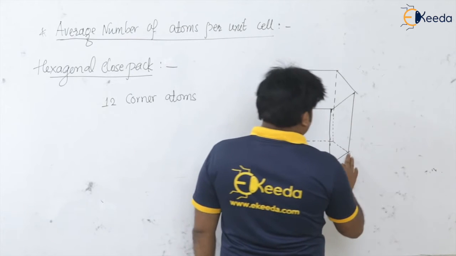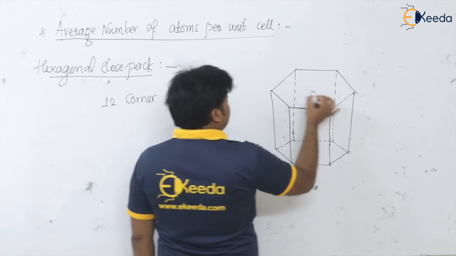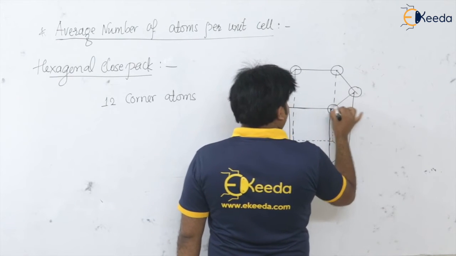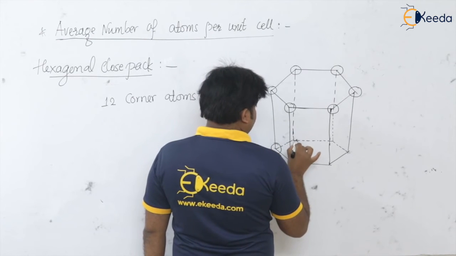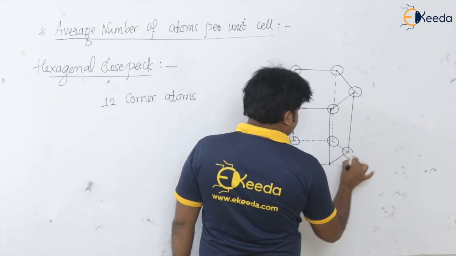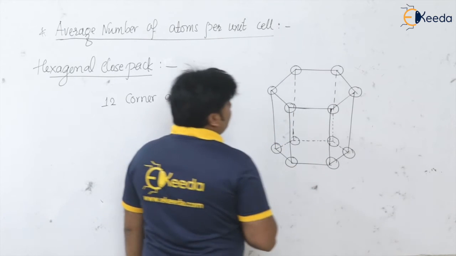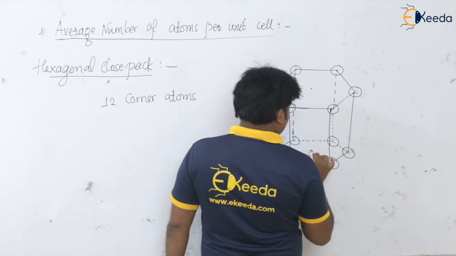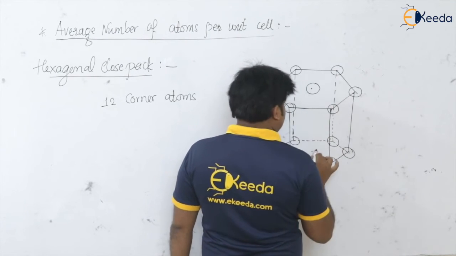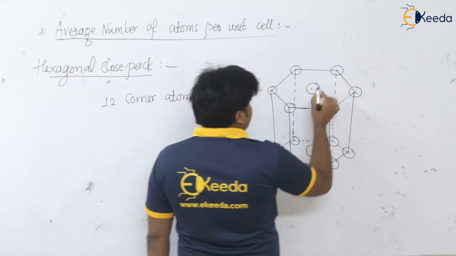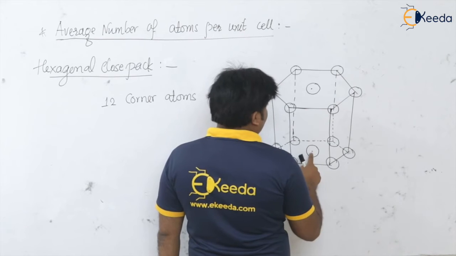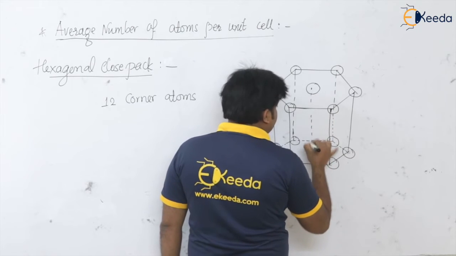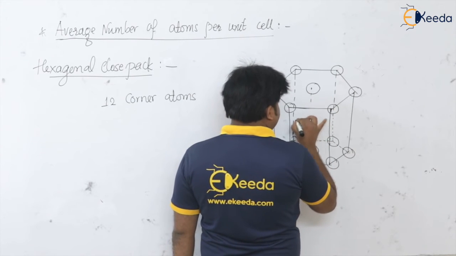So see here, in hexagonal closed pack structure we are having these corner atoms 1 2 3 4 5 6 7, this is 8 9 10 11 12. सो कॉर्नर पे कितने हैं, 12. On the face we are having 2, 1 at the top 1 at the bottom, that is 13 14. And the interior of this cell we are having 3.